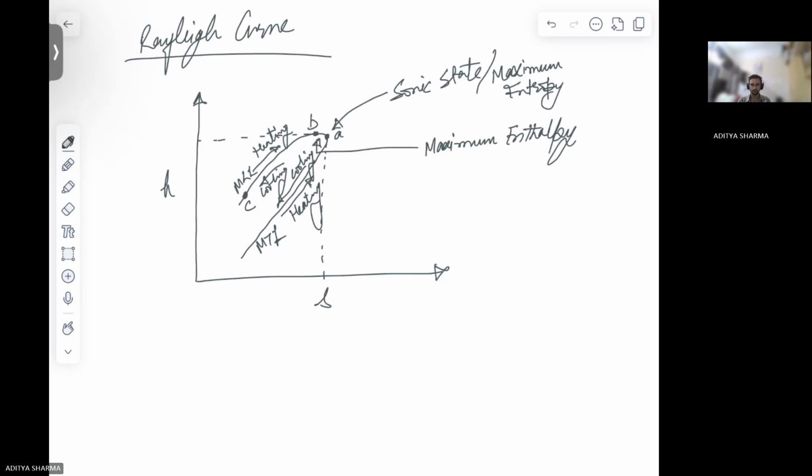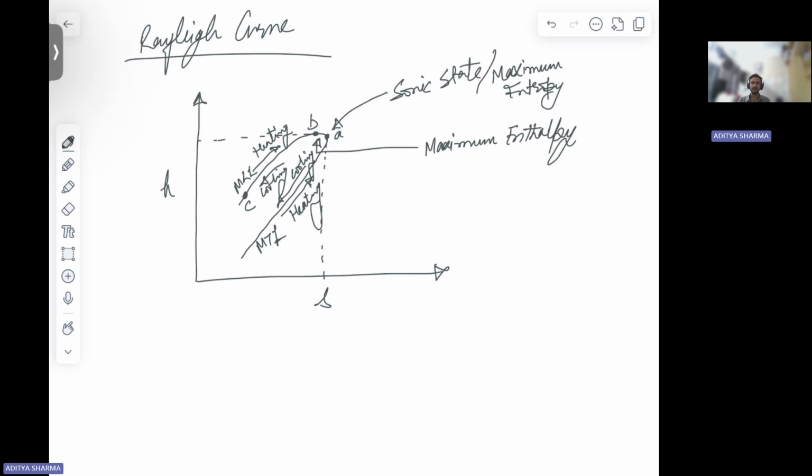As you keep on increasing the heat in this initial state, this will further move towards point A. A point will come where the enthalpy of this flow will be maximum, but beyond this point its enthalpy cannot increase. Why so?